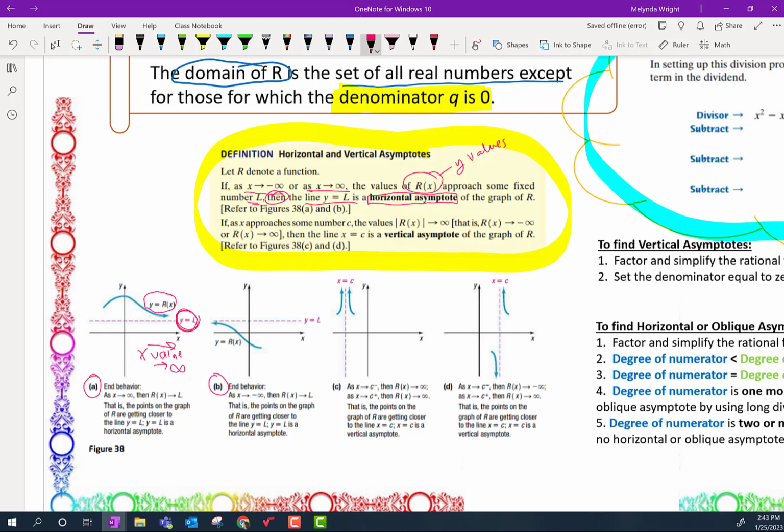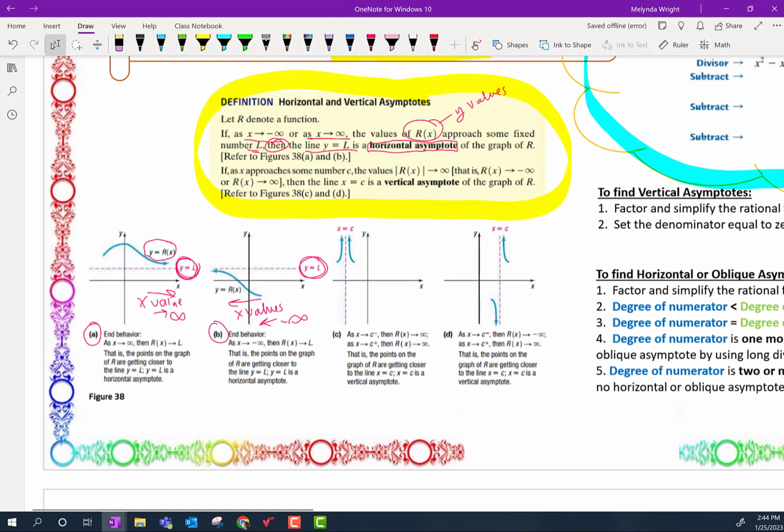Looking at the graph on letter B, our x values are headed towards negative infinity, but the y values are headed towards the y value of L. R is headed to L. So let's make a little note about horizontal asymptotes. What is that looking like?